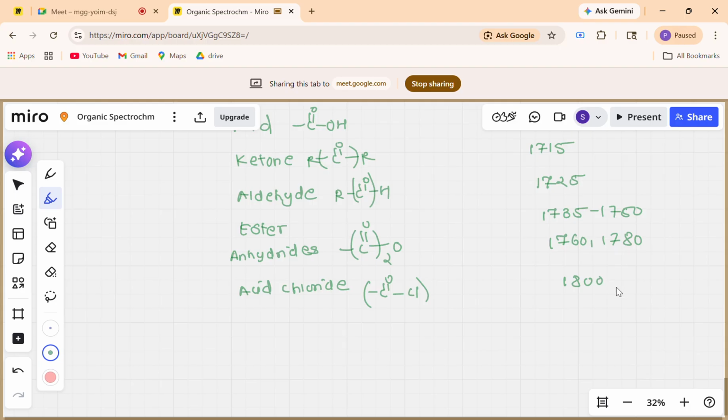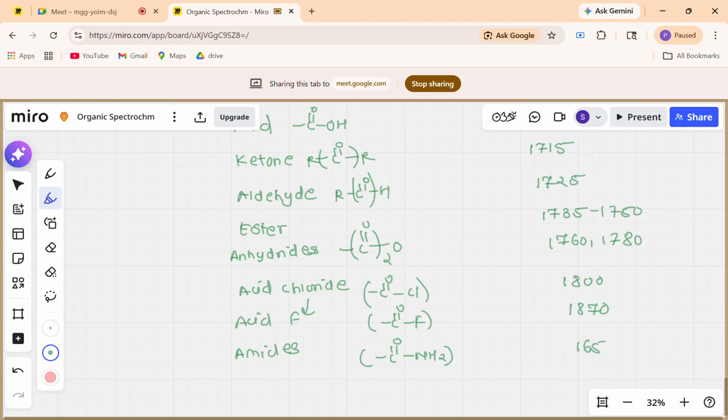Similarly, if there is an acid chloride present, an acyl group like R, C double bond O, Cl, then it has a value around 1800 centimeter inverse. Now if you increase the electronegativity by changing chloride to fluorine, then the corresponding stretching frequency will increase, right? So that will come around 1817 centimeter inverse.